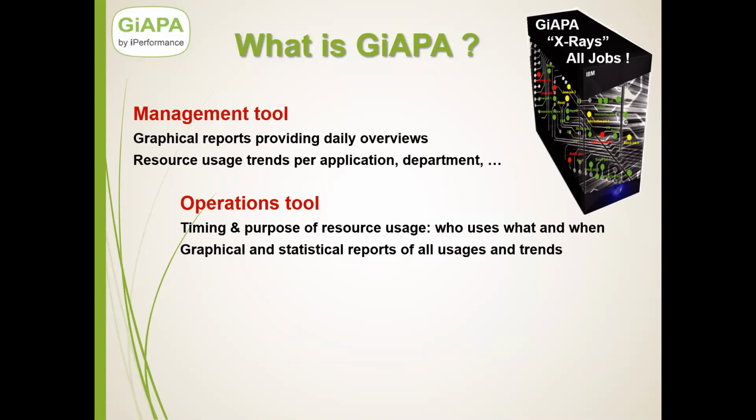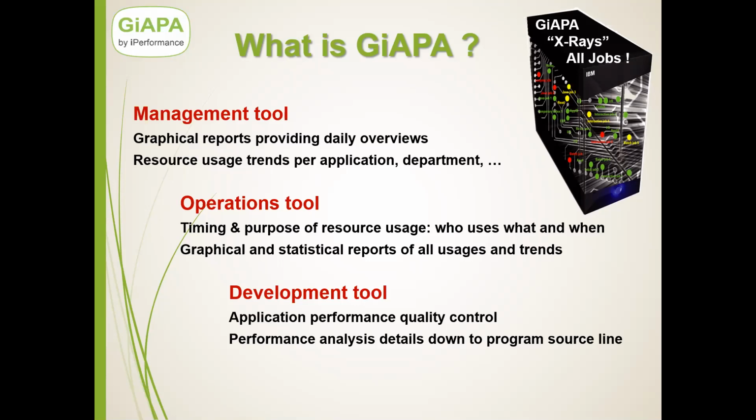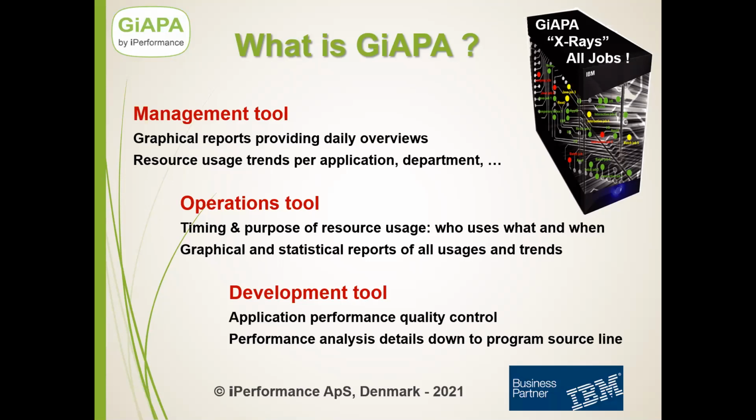GiAPA enables operations to follow up in real time what happened on the server, tracing use of all resources, and display results statistically and graphically with trend charts, etc. Development can verify if the applications run efficiently, locate any optimization potential, and use GiAPA for quality control on new applications.